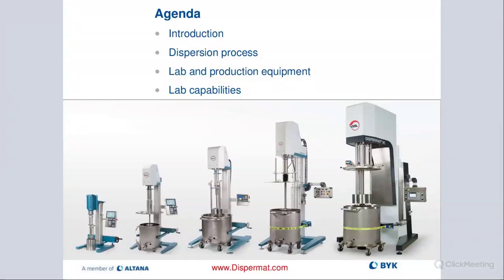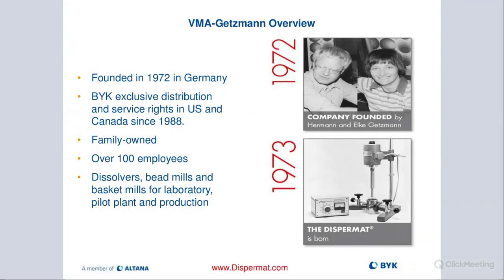Then we're going to cover the dispersion process as a recap, and then go into the milling component. We're going to close it out with some reviews on different types of lab as well as production equipment, and talk a little bit about the lab capabilities that we have here in North America at BIC USA, our sister company in Wallingford, Connecticut.